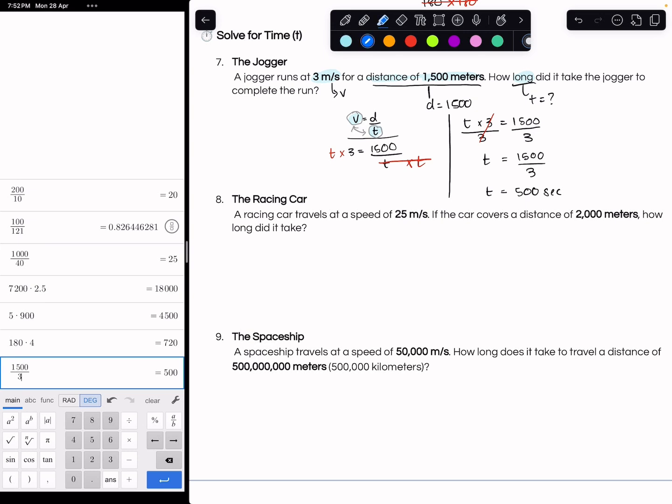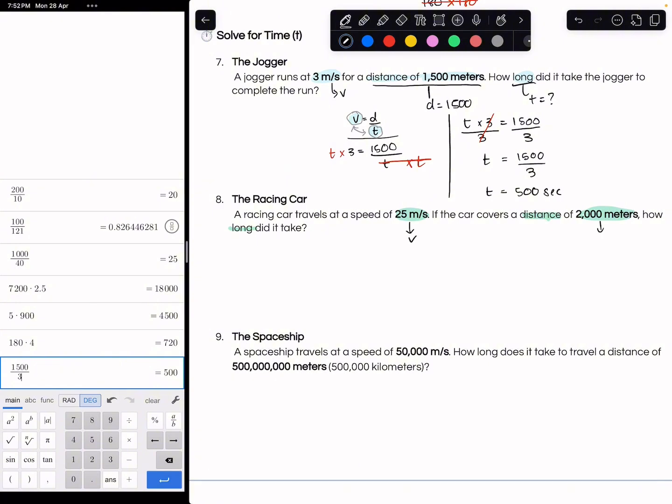So the next question, let's go back to green. A racing car travels at a speed of 25 meters per second. If the car covers a distance of 2,000 meters, how long does it take? Let's go ahead and annotate. We've got a velocity. What else do we have?